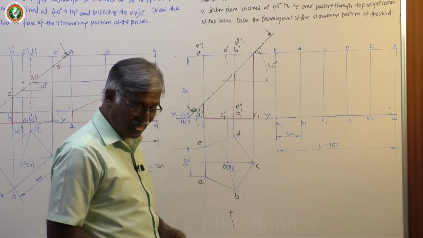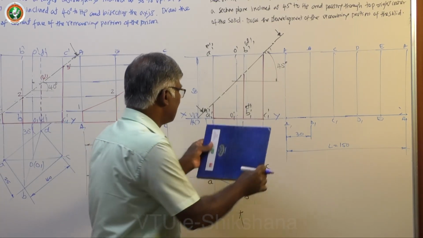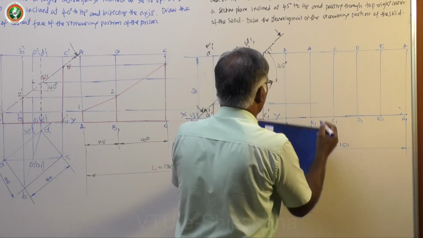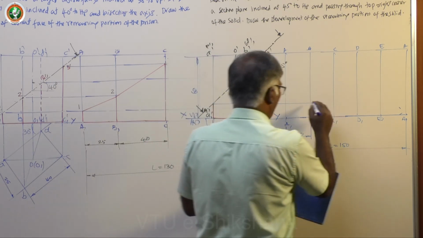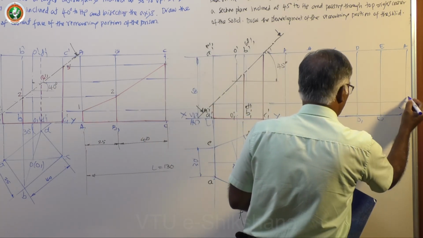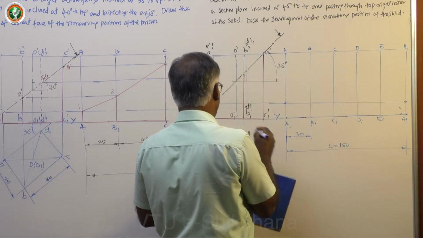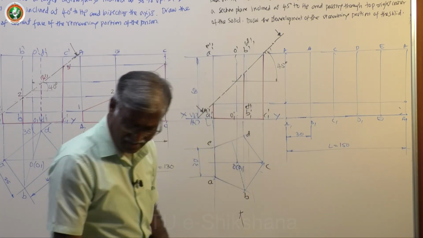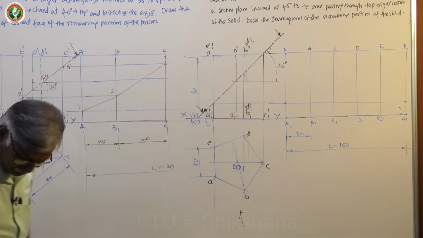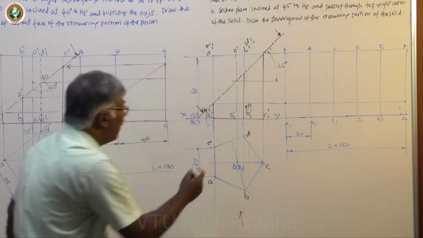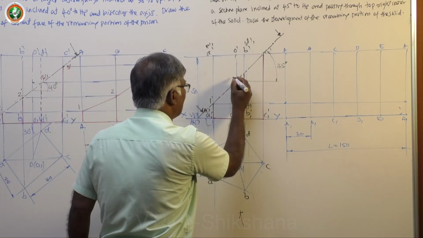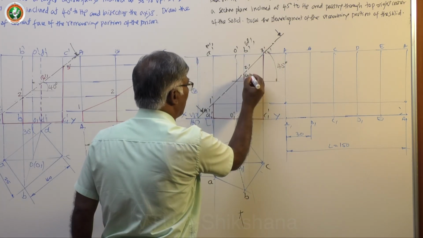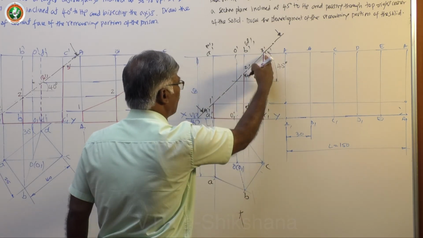Now start working, projecting all the points. Twice you have, so definitely you must project up to this and mark these two. Next comes this one. Let me name first: 1 dash, 2 dash, 3 dash, 4 dash, because only one point is there.